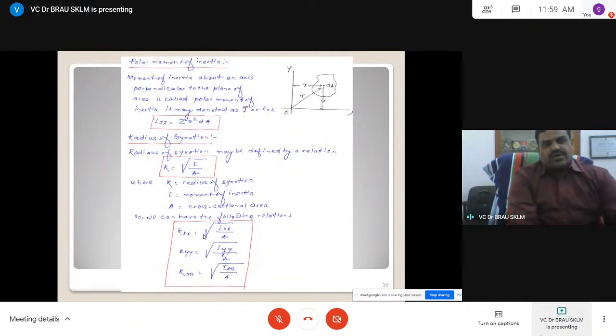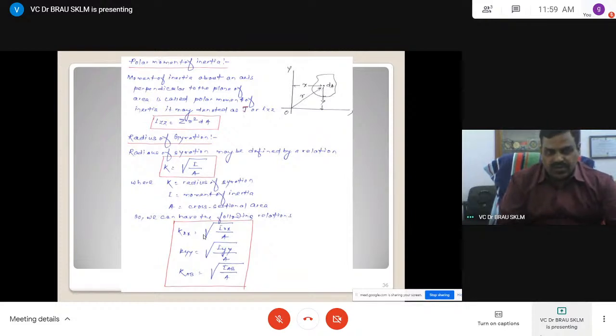Now one more parameter is defined, the radius of gyration. Instead of being distributed, if you keep a similar mass or weight or area concentrated at a particular point. Let us take 1 kg weight, 1 kg of cotton. Cotton is distributed. If you keep 1 kg weight at a particular place, by using that, the radius of gyration is derived.